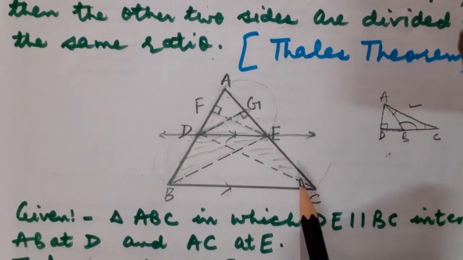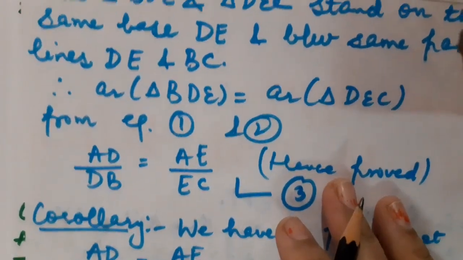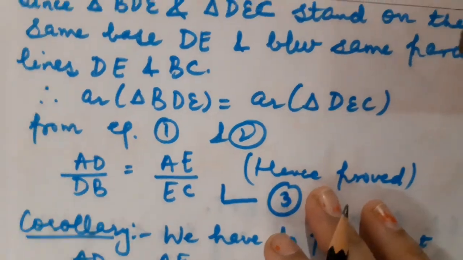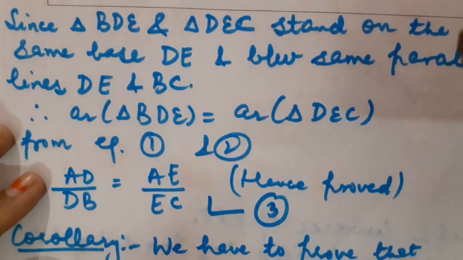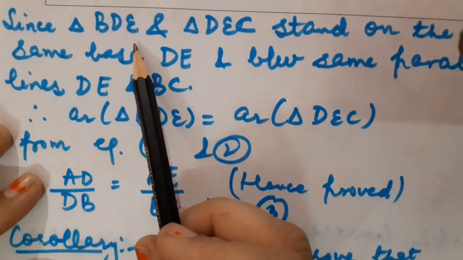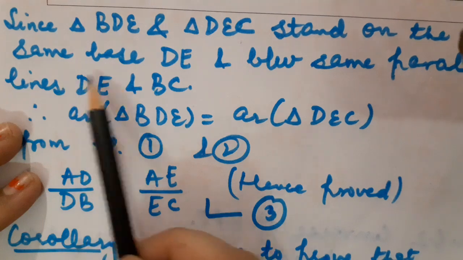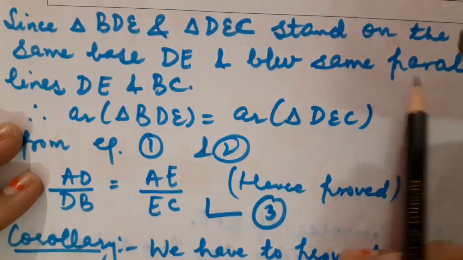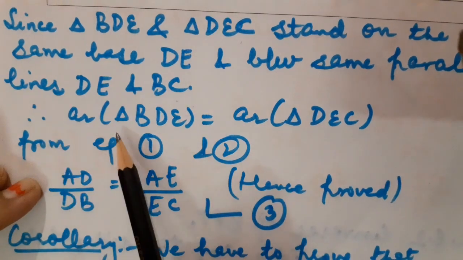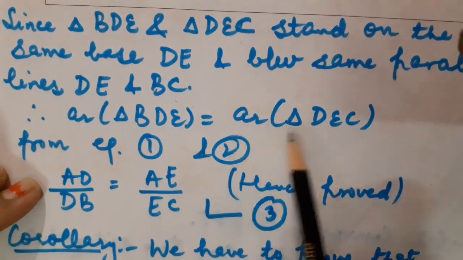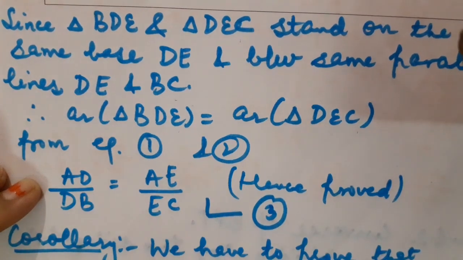Correct. So now let us have a look at what we have to do. Since triangle BDE and triangle DEC stand on the same base DE and between the same parallel lines, that is DE and BC, the area of triangle BDE must be equal to the area of triangle DEC. Correct? Fine.